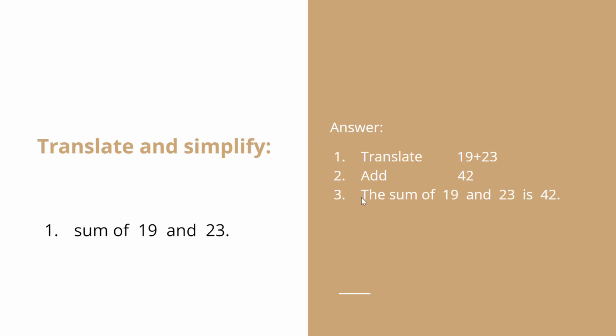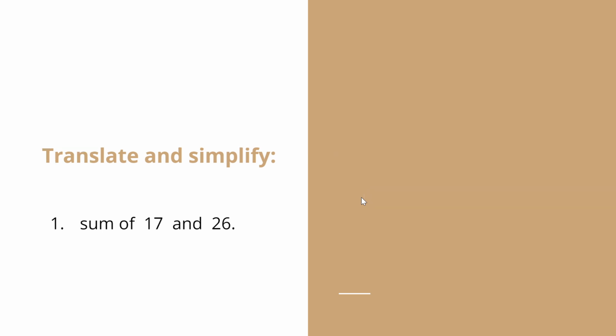So we read it as the sum of 19 and 23 is 42. And next you can try to translate and simplify the sum of 17 and 26. Again, I will give you 20 seconds to answer this question.